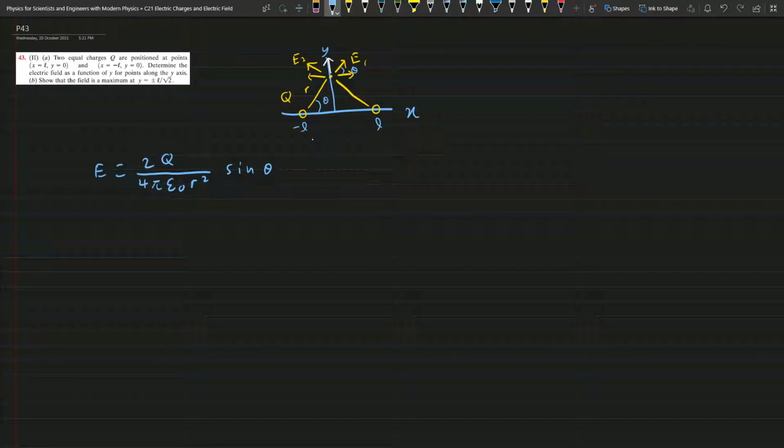From here to the origin is given by length L, and from here to here, let's say this is given by y. So r is given by the square root of L squared plus y squared.